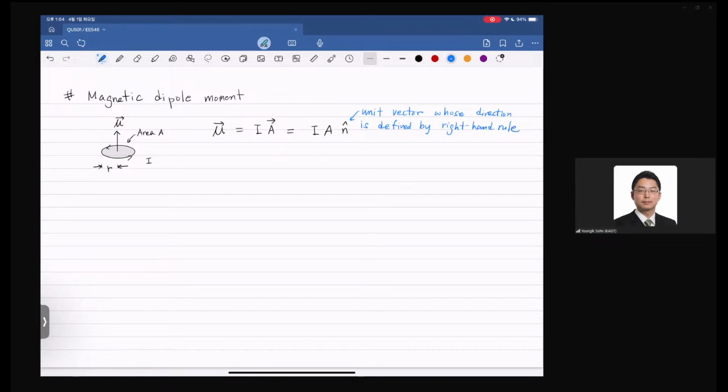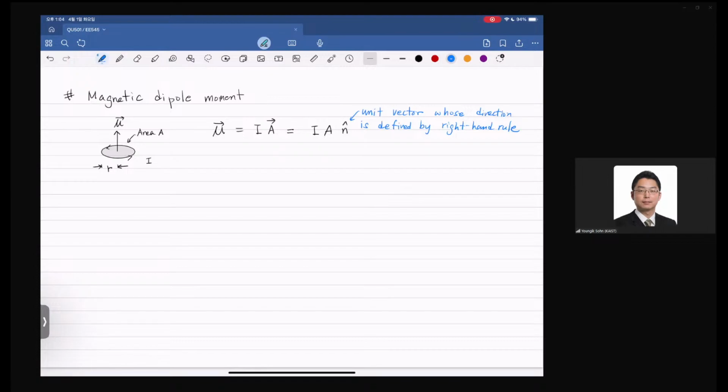So for those of you who have not learned classical electromagnetics, let me just briefly explain why this is important. Whenever you think about some magnetic material, something like a magnet, you can model it as a collection of these. Depending on how these are oriented, you can have different properties of magnetic material.